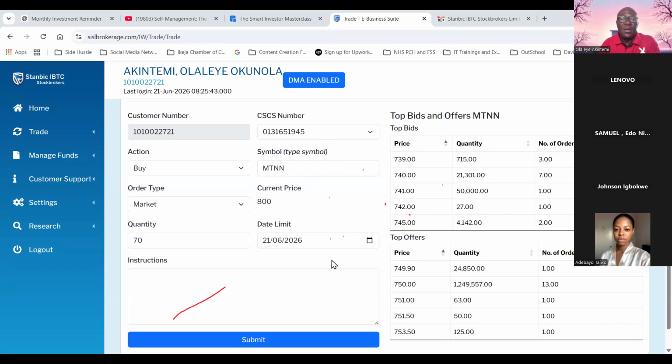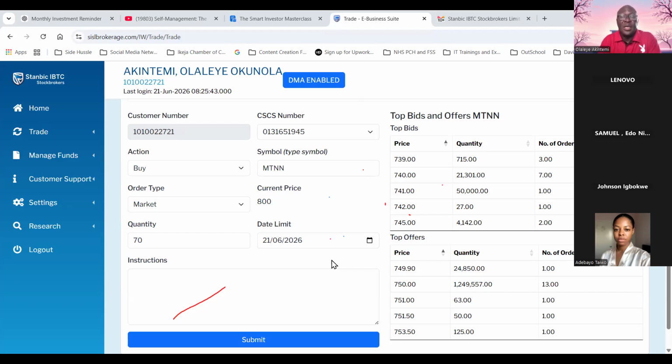Okay, I think they consider the quantity too, the quantity that you want to buy. Yes, that's what we have just explained. They look at the quantity you want to buy. Let's say there's somebody offering to sell this MTN at 751 naira, and that person only has 63 units.